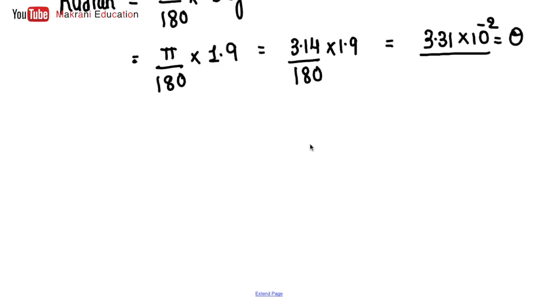Now putting these values in our equation, capital D is equal to the diameter of earth over theta.